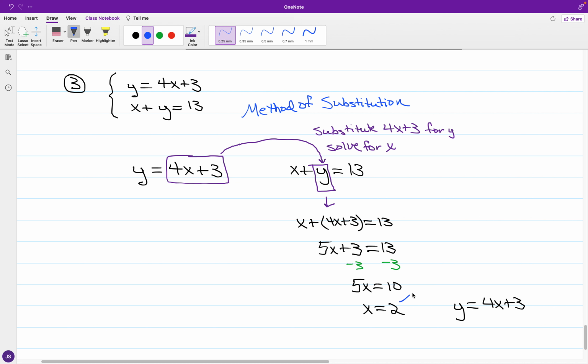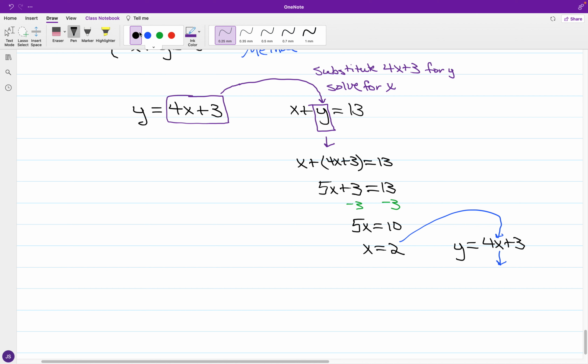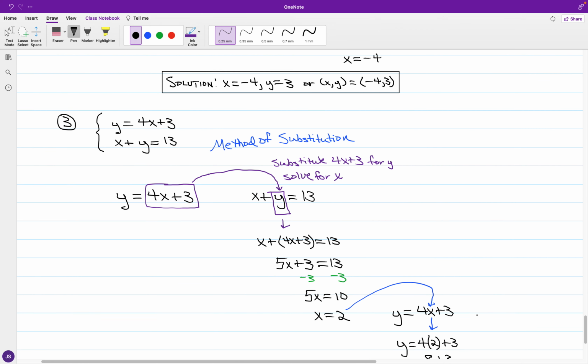So if I plug in this time the known value of 2 for x, here we're going to have y is equal to 4 times 2 plus 3. 4 times 2 is 8, and 8 plus 3 comes out to 11. So with the apparent solution, we have x at 2 and y at 11.